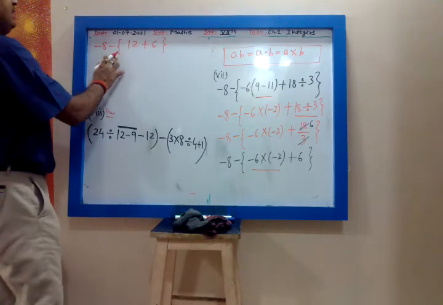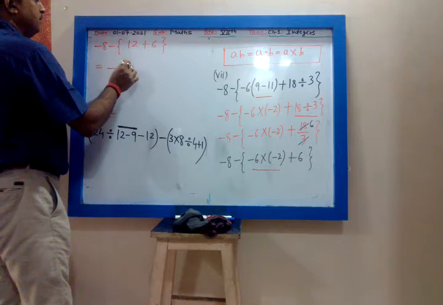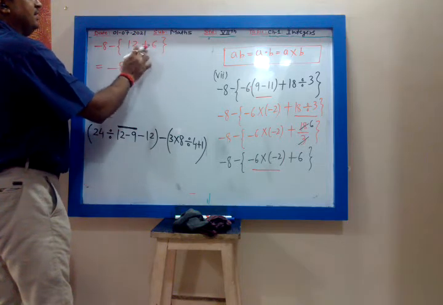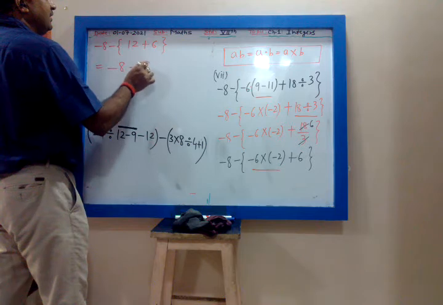Now I will simplify the curly bracket. So that will be minus 8. What is 12 plus 6? 18, but outside it is minus, so it is minus 18.